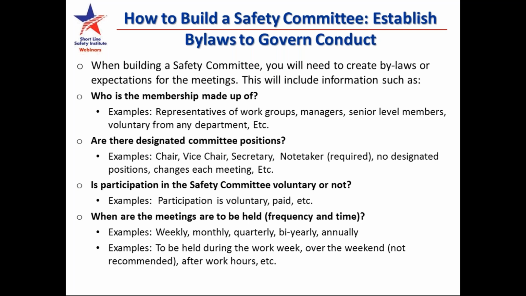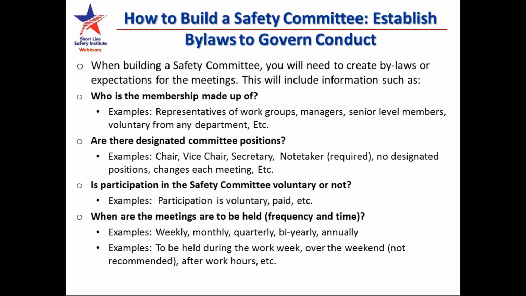You have to make it clear when the meetings are going to be held and what the frequency is. We have talked with lots of railroads who had safety committees at one time who no longer meet, and no one is sure how often they're supposed to meet. My suggestion is at least once a month or once a quarter. Weekly is probably far too often.